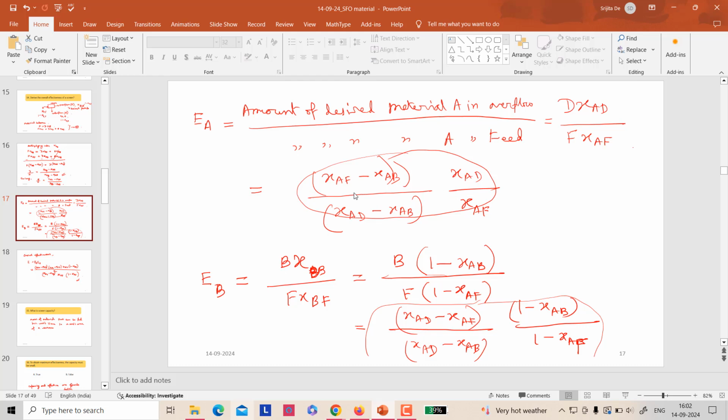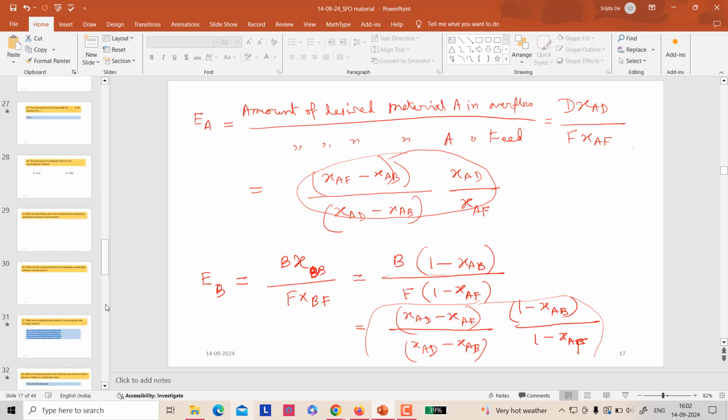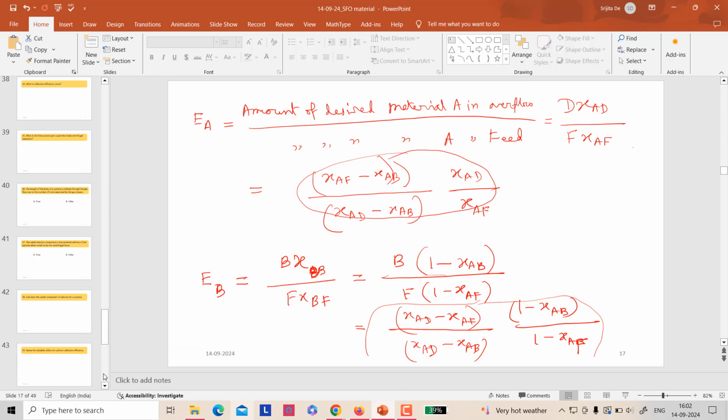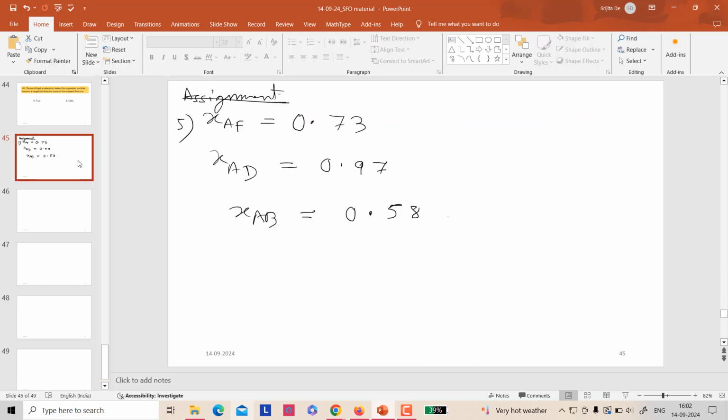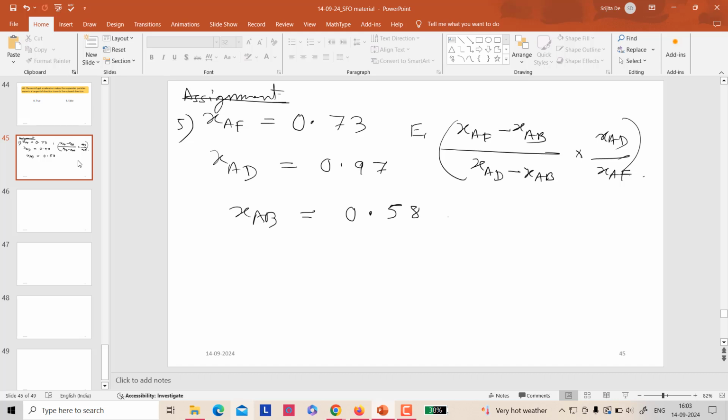So it is XAF minus XAB divided by XAD minus XAB, into XAD by XAF. Did I write the formula correctly? Now if you put all the values in.